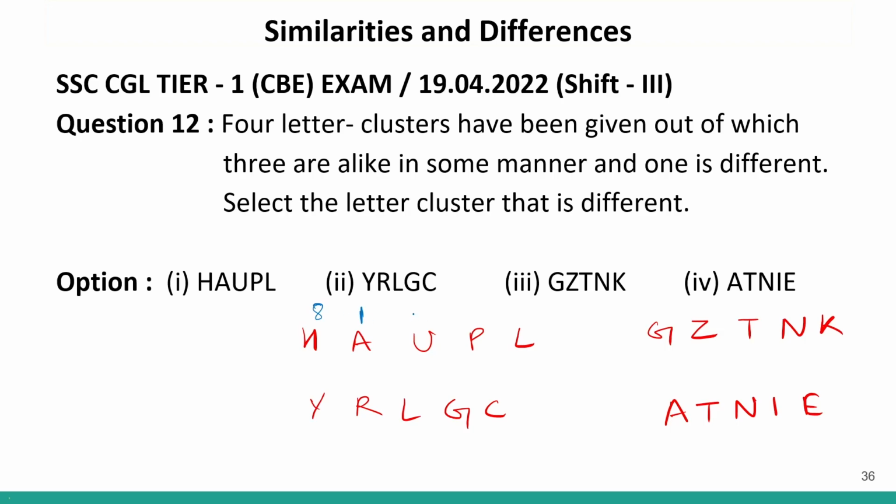U is 21, P 16, L is 12. G is 8, this is 26, this is 20, N is 14 and K is 11. Similarly, Y is 25, R is 18, L is 12, G is 8 and C is 3. 1, 20, 14, 9 and 5. So these are the forward ranks.